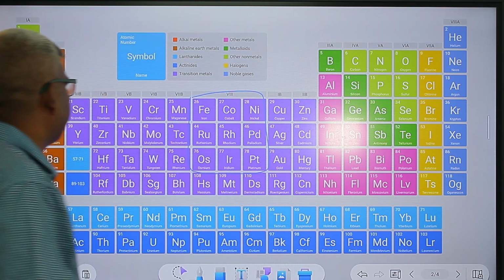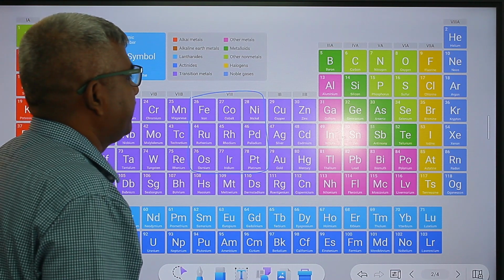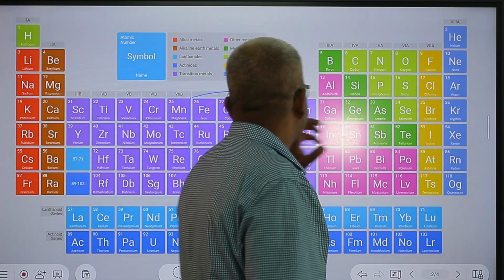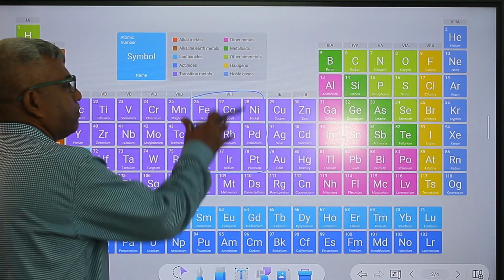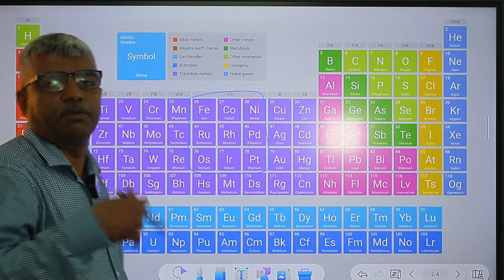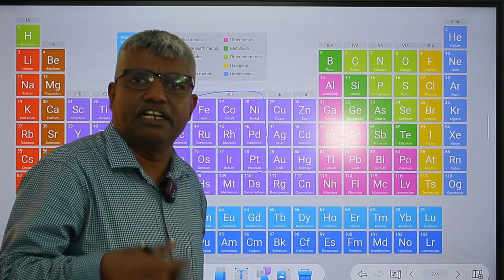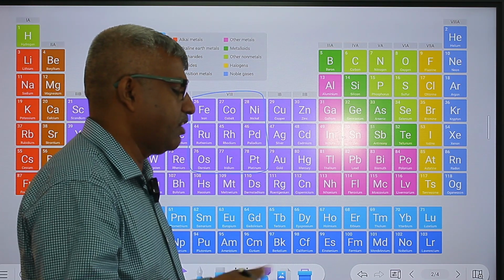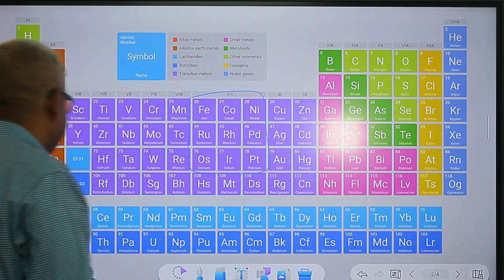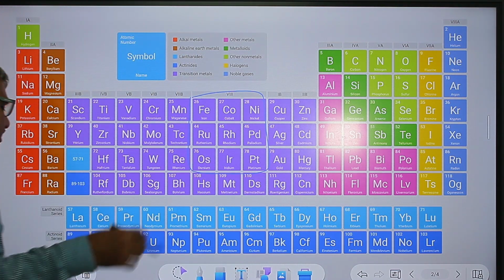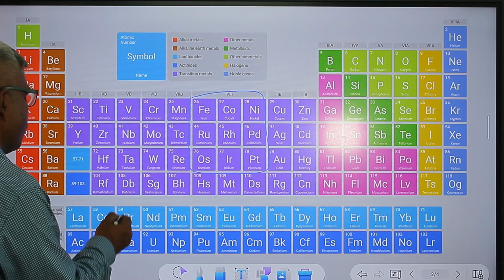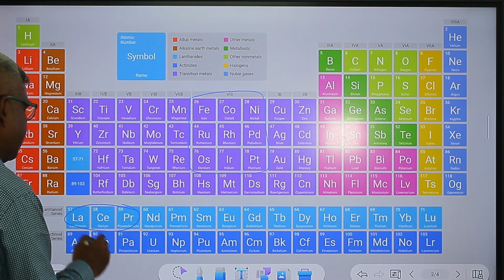Because the d block elements are a bit difficult to memorize, these are somewhat easy, so memorize this portion first. Iron, cobalt, nickel, ruthenium, rhodium, palladium, osmium, iridium, platinum. Then also memorize lanthanum, cerium, praseodymium. These three memorize.